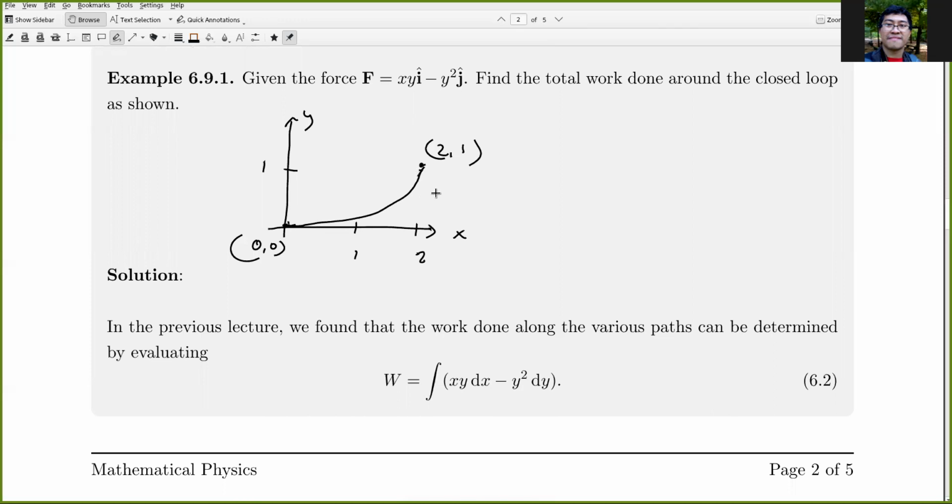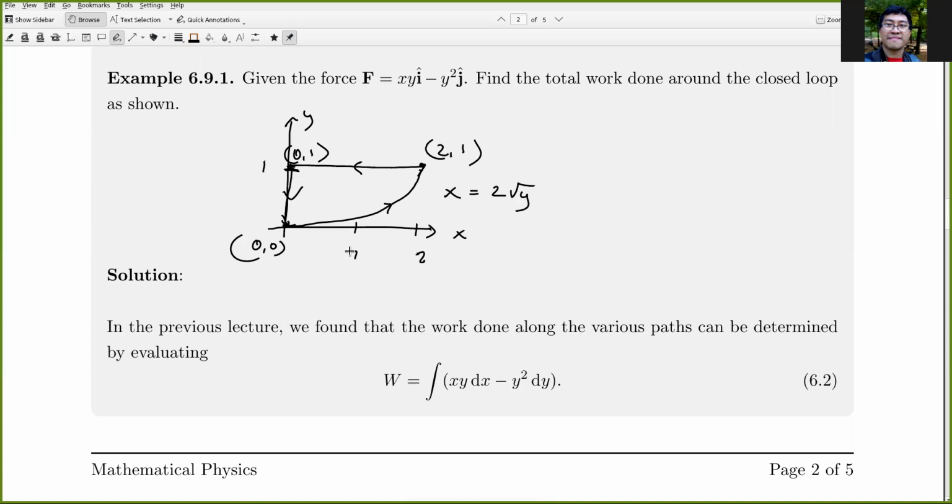This parabola has the equation x equals 2 square root of y. And then from here, we go to this point 0, 1, and then down.